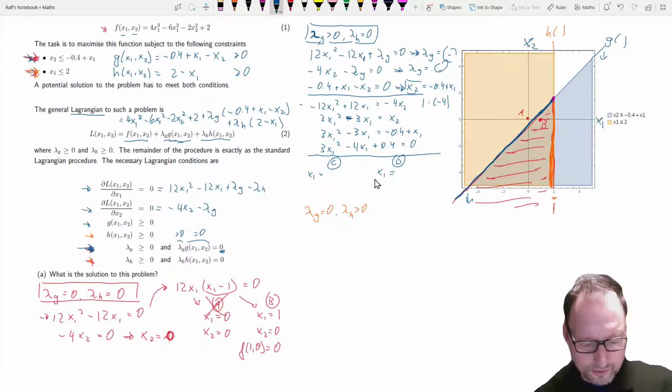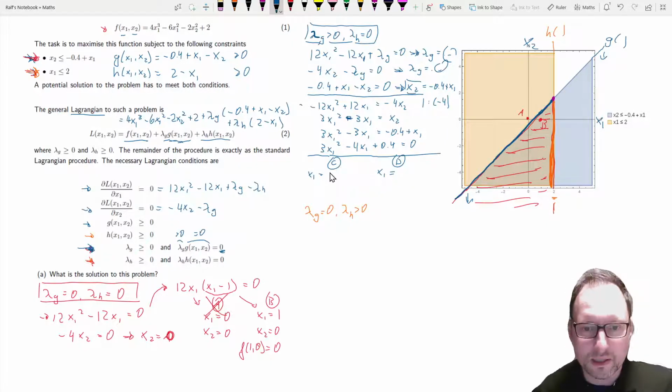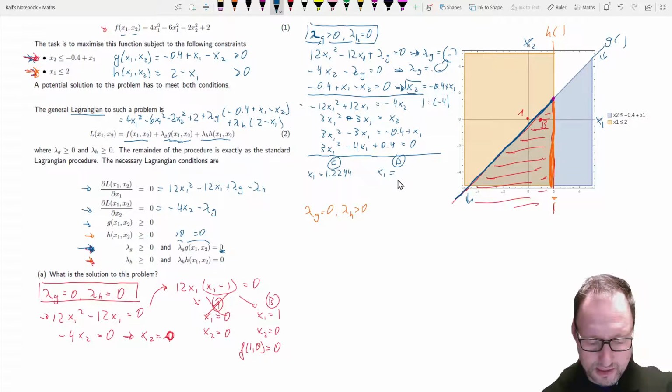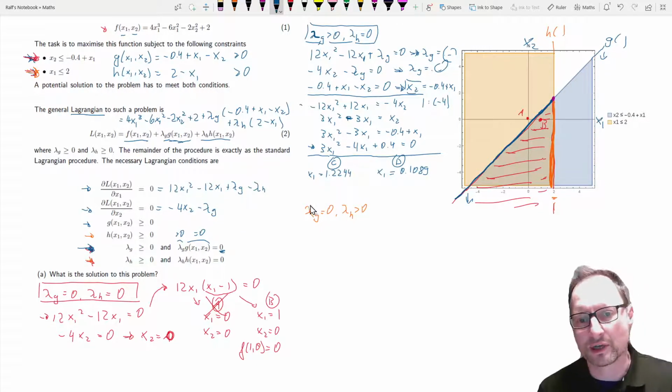So one of these values will be 1.2244, and the other one will be 0.1089. So, okay, that's just an application of solving this quadratic equation.